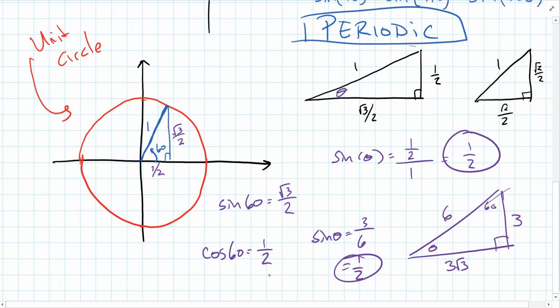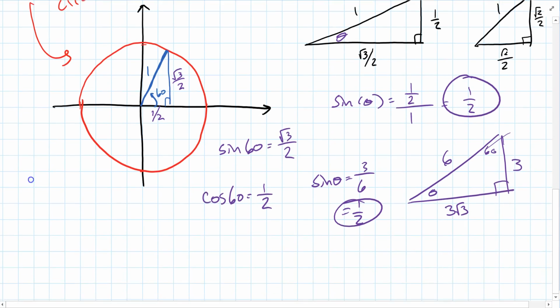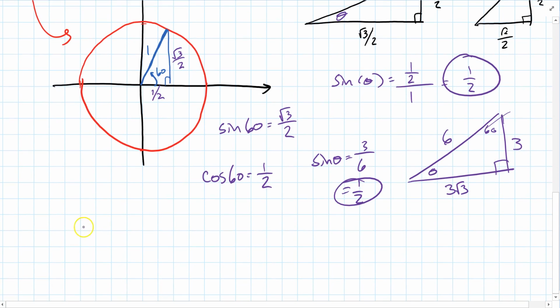The next step we're really going to take is to consider the XY grid, or the XY axis, where the horizontal axis is theta, and the vertical axis is y equals sine of theta.